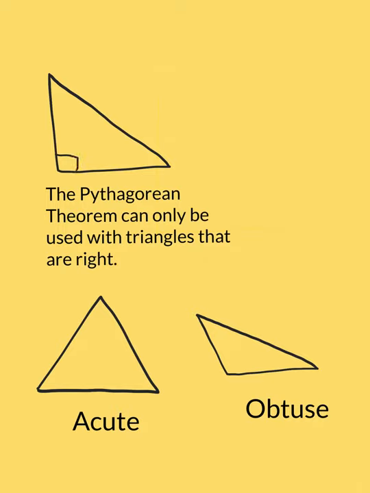The Pythagorean theorem cannot be used for acute triangles, and it cannot be used for obtuse triangles. It can only be used with right triangles.